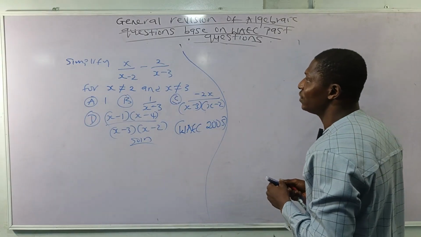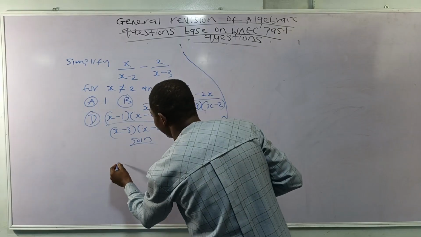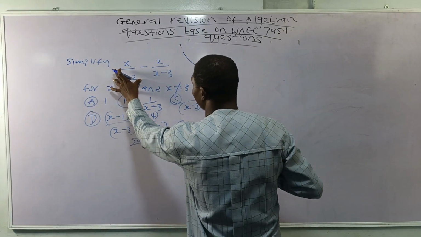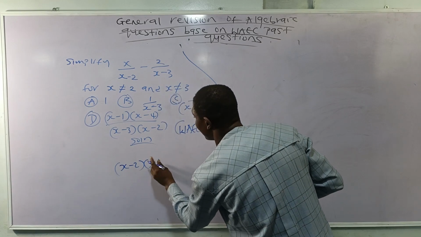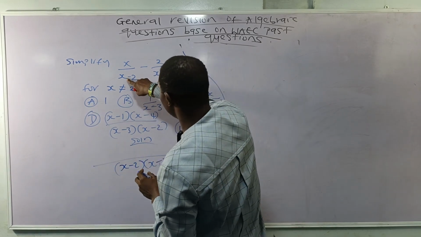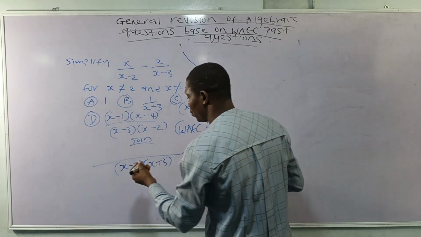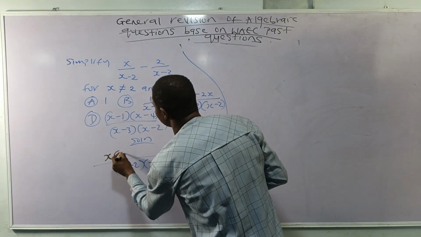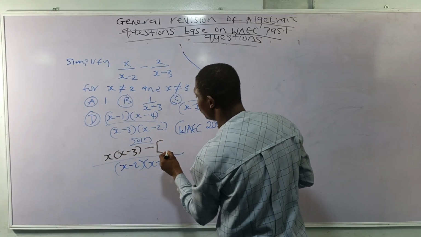So how are we to solve this? Remember, since this is subtraction, we must take our LCM. And the LCM will be (x - 2) and (x - 3). So let's write our (x - 2) bracket (x - 3) all over. If x minus 2 cancels this denominator, I'll have x minus 3 left. So I'll have x bracket (x - 3). Put my negative sign, use a square bracket.